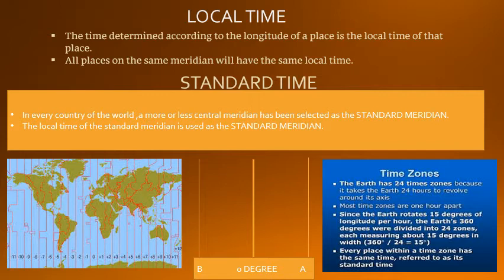The time at the prime meridian or Greenwich is 12 noon. Now find the local time at A and B.